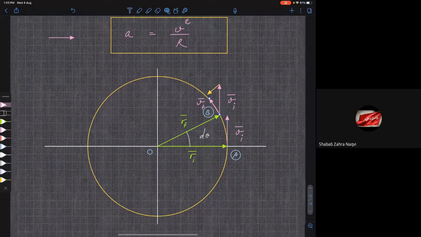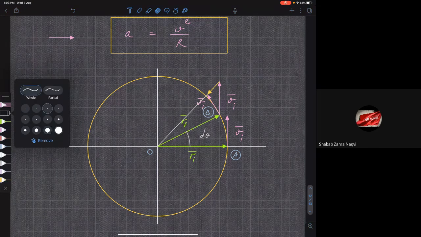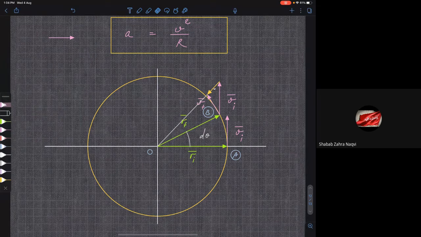If I draw it correctly with a very small d theta, the direction of dv will point towards the center.